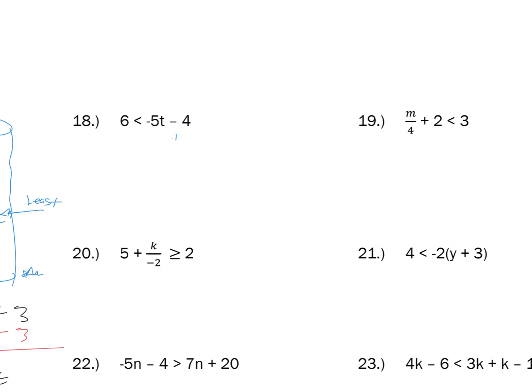Okay, add 4, add 4. 10 is less than -5t. Switching colors. I'm going to divide by -5, divide by -5. I have divided by a negative, so I flip the inequality. Here comes the graph.